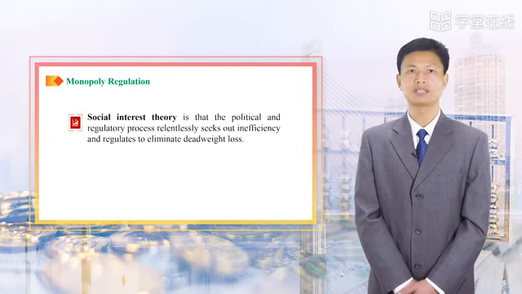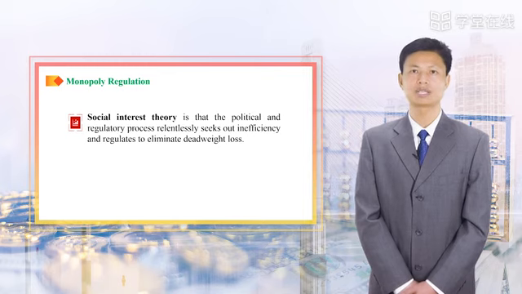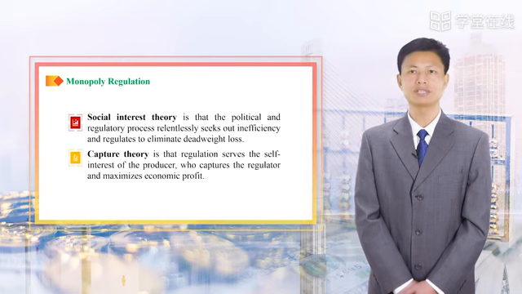The social interest theory is that the political and regulatory process relentlessly seeks out efficiency and imposes regulation that eliminates deadweight loss and allocates resources efficiently. The capture theory is that regulation serves the self-interest of the producer, who captures the regulator and maximizes economic profit.